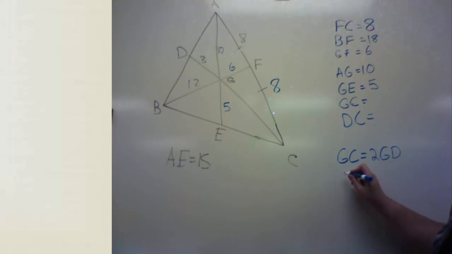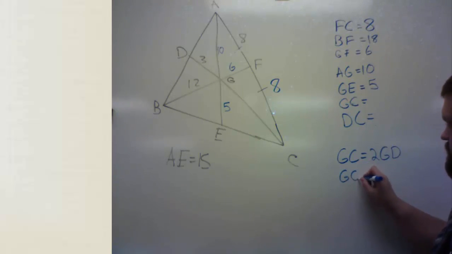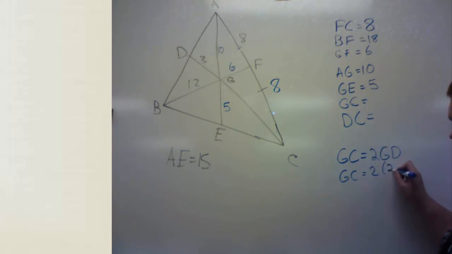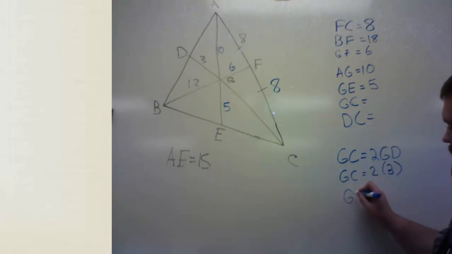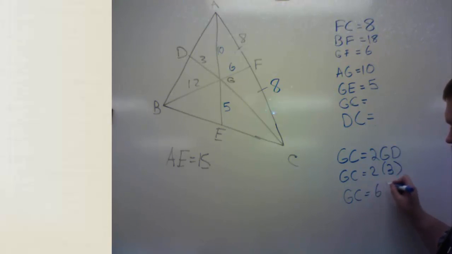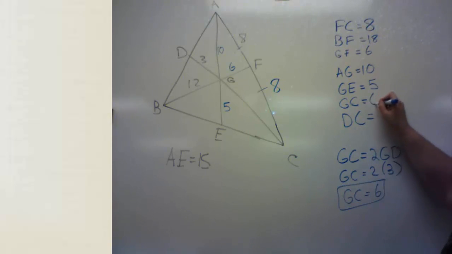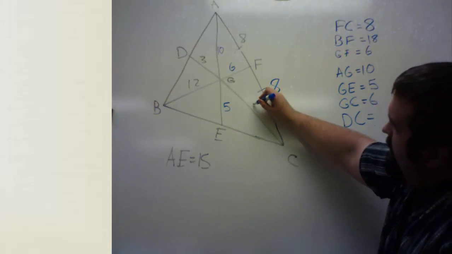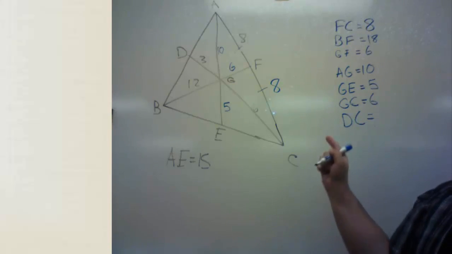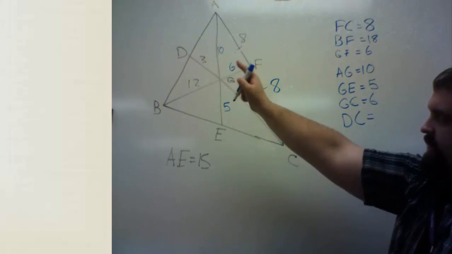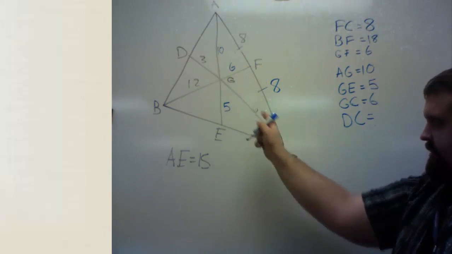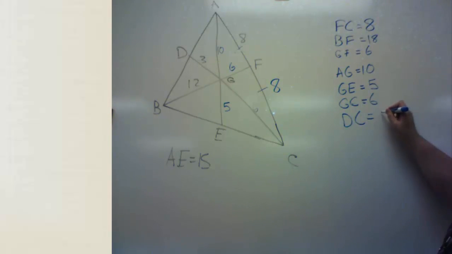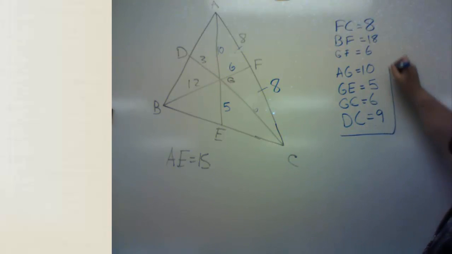I know that GD is 3, so 2 times 3, length of segment GC equals 6. And last but not least, if I'm looking for the full length from D to C, and I know from D to G is 3, and I know from G to C is 6, 3 plus 6 is 9.